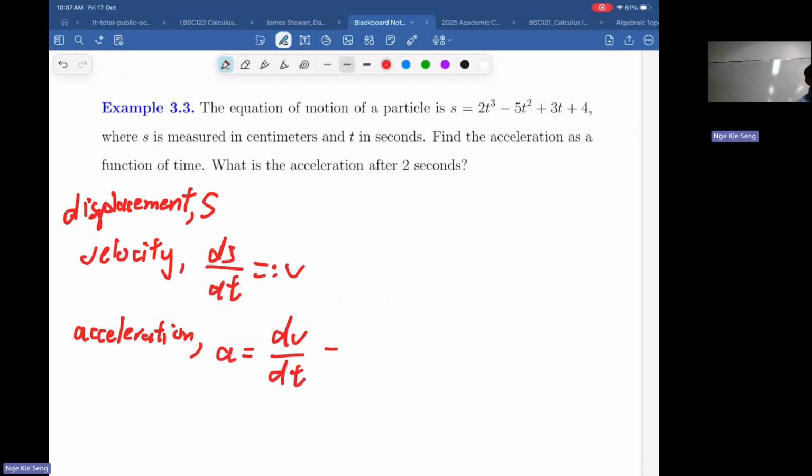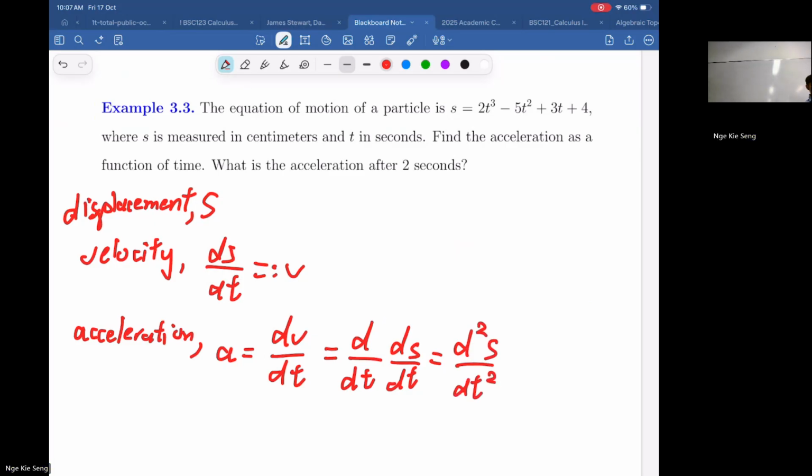At the same time, this is d over dt of dx over dt, which is d squared x over dt squared. So you differentiate twice. Imagine you start with a cubic, you differentiate once, you become a quadratic, you differentiate again, you become a linear function. So your acceleration is a linear function.